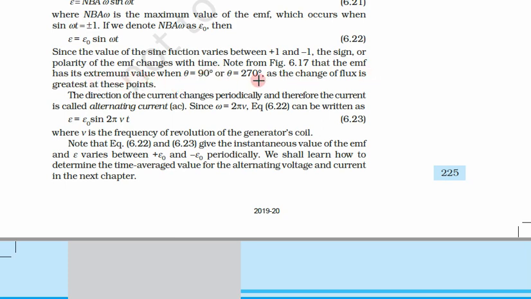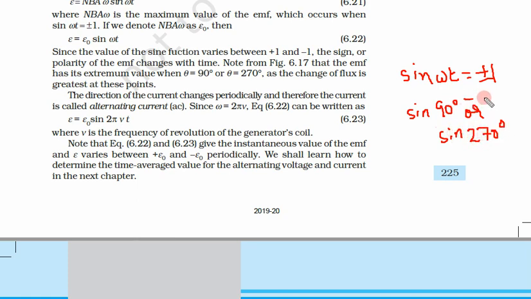We get sine omega t equal to plus or minus 1 at 90 degree or at 270 degree. Sine 90 is equal to plus 1, and this is minus 1. So we get maximum value of EMF at theta equal to 90 degree or 270 degree, and at this time the change of flux is greatest.